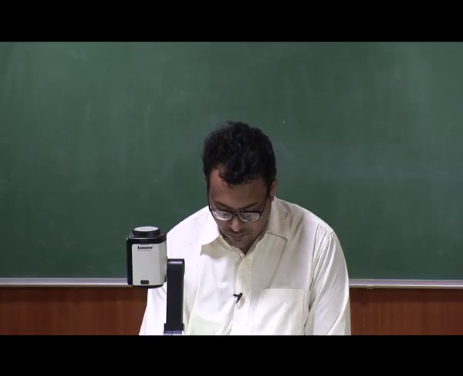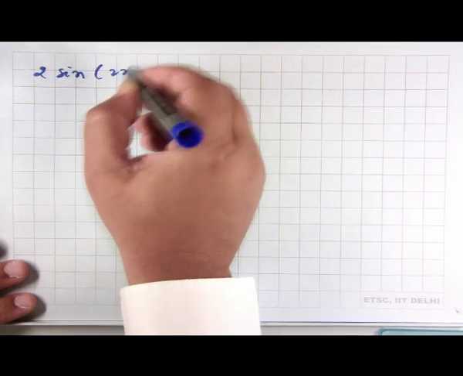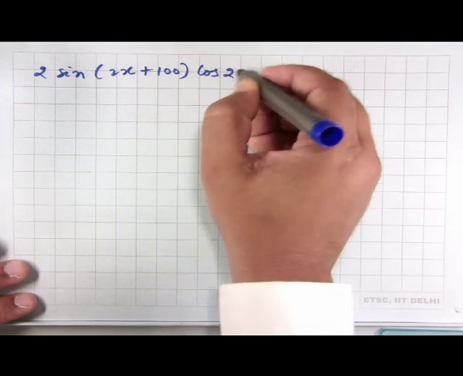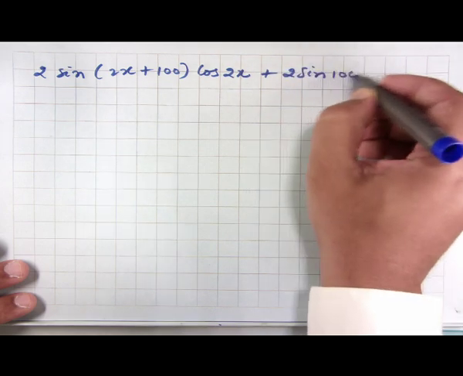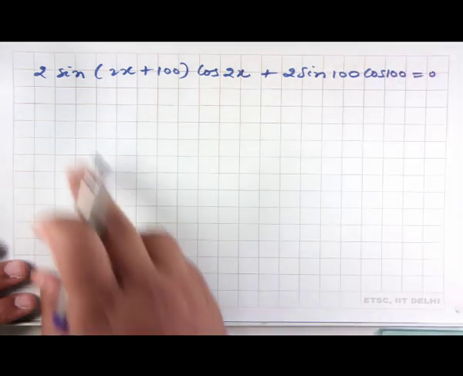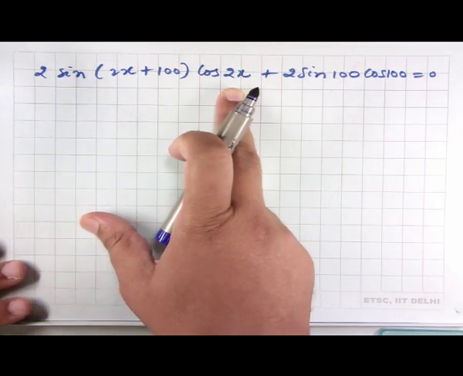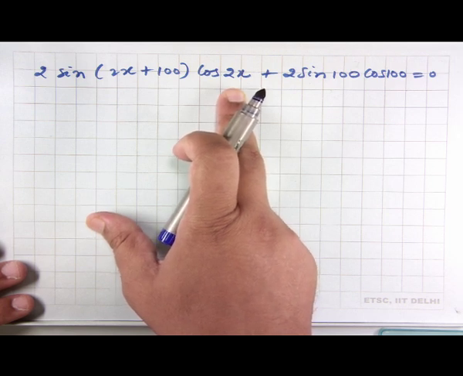So from the previous slide we have 2 into sin of 2x plus 100 times cos of 2x plus 2 sin 100 cos 100 equals 0. Now, this is of the form 2 sin A cos B. So we know that 2 sin A cos B is sin A plus B plus sin A minus B.